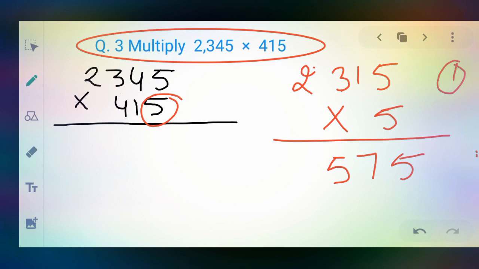Now next you multiply 5 and 2. So 5 2s are 10, 10 plus 1 you get here 11. So in this way you get here 11,575.